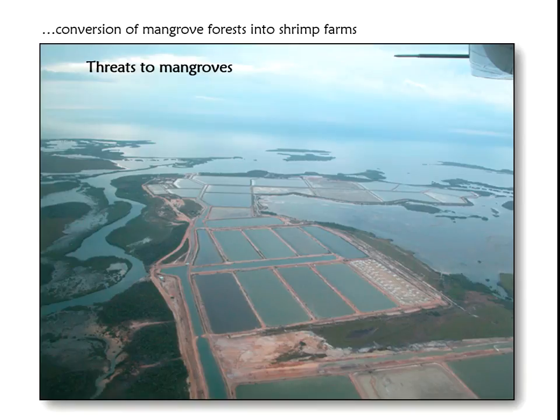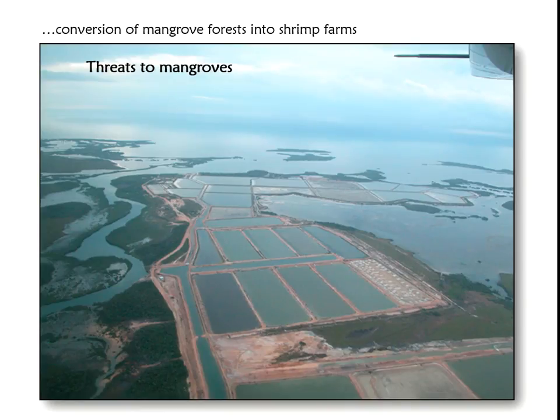I don't know about around here, but if you cut down a mangrove in South Florida, you better make sure nobody's watching, because you will go to jail or be fined an awful lot. So they have taken that to heart. But nowadays, there's still mangrove destruction, and the biggest culprit is shrimp farms.